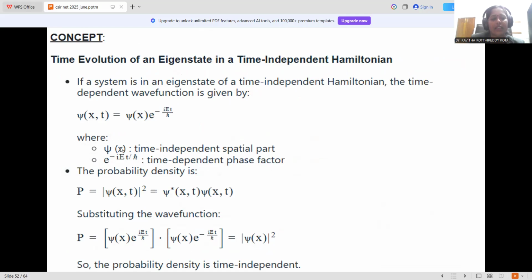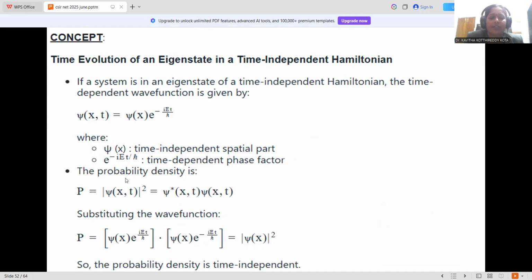So here psi x is the time-independent spatial part, and e to the power minus i E t by h cut is the time-dependent phase factor. So both are different. Time-independent is psi x. Time-dependent is this phase factor, right?